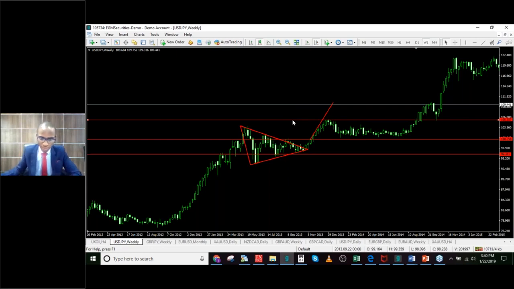But the point is, it's very important to understand your personality as a trader and develop a trading plan that fits into your personality. And therefore, this is how you identify a triangle, and of course, open positions based on a triangle.